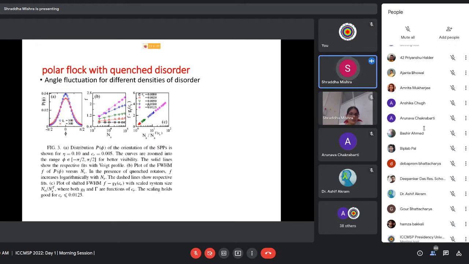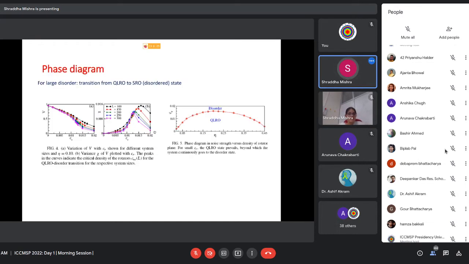But for all non-zero obstacle densities, up to a certain density, it is always linear on the log axis, which means the angle fluctuation is logarithmic. It also shows a very good scaling collapse if I rescale the x and y axes appropriately. So for finite obstacle density, there is a change from long range order to quasi long range ordering in the system.